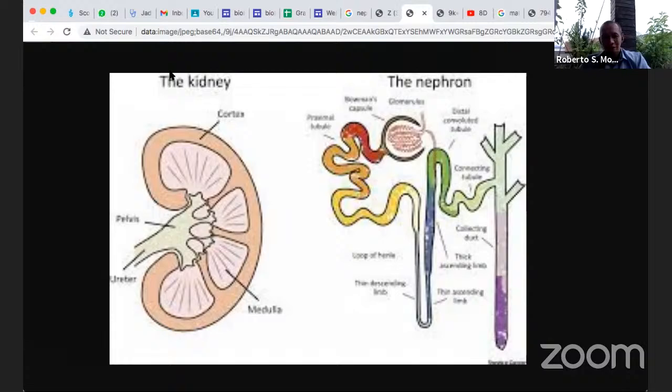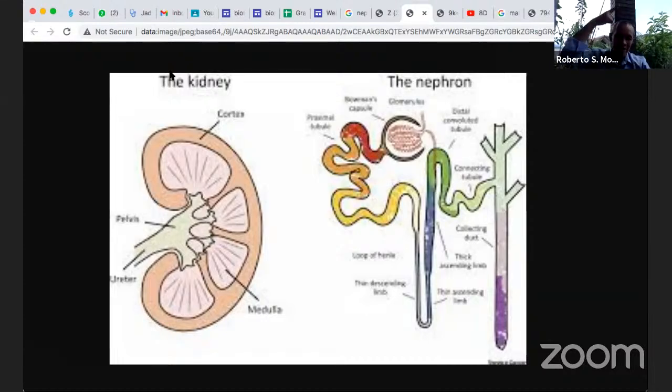So Miss Nadia completed Mr. Michael's answer. So yes, guys, reabsorption takes place almost all along the tubules, starting from the proximal tubule, going through the loop of Henle, and then the distal tubule.